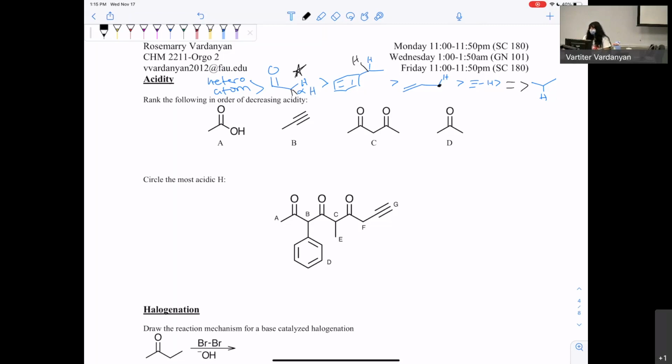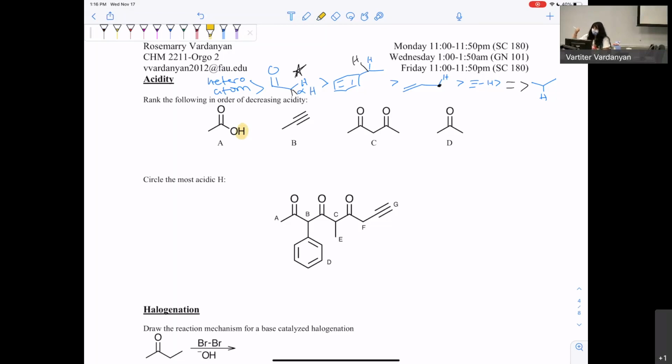Anyways, does anyone need more time, or are we ready to go over it? Cool. So for the first one, we have a carboxylic acid, and something that a lot of people struggle with is figuring out which hydrogen he's talking about. So you're always going to pick the most acidic hydrogen on each molecule.